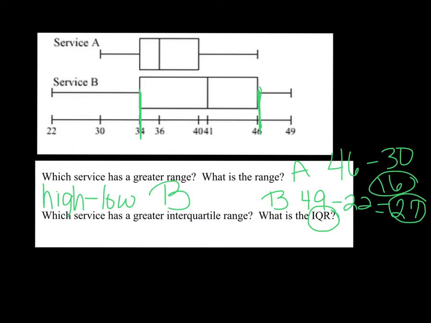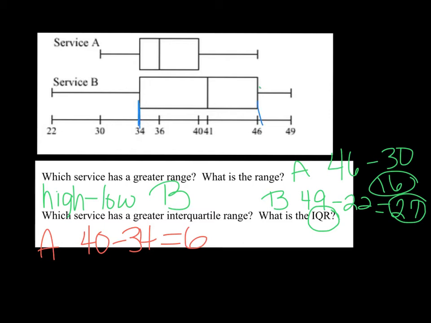Okay. So let's go ahead and we're going to do service A first. Let me erase this. So let's do service A. So my interquartile range is going to be 40 minus 34, which is 6. And then for service B, let me erase these.